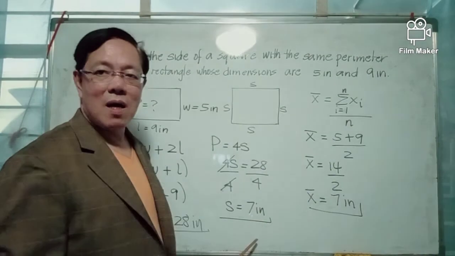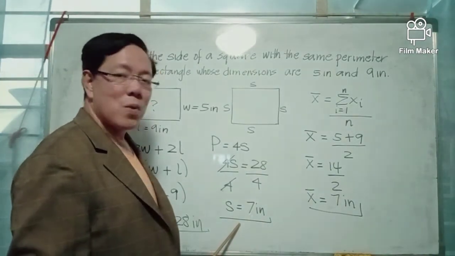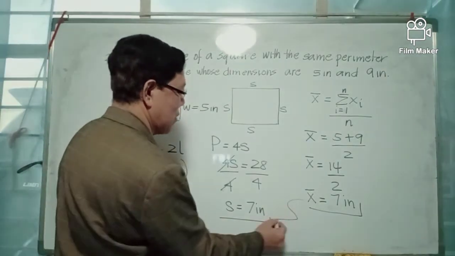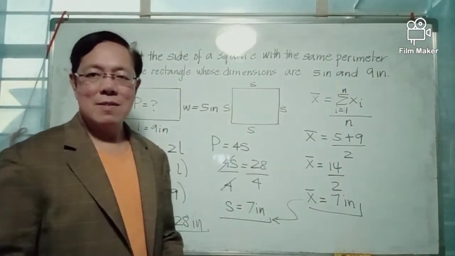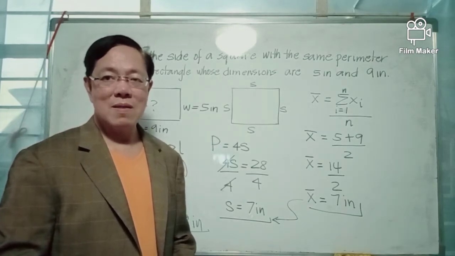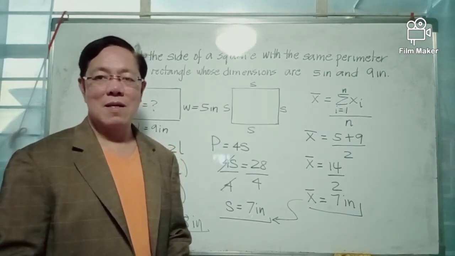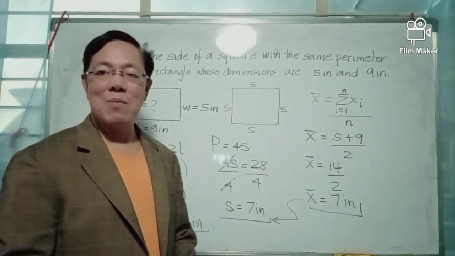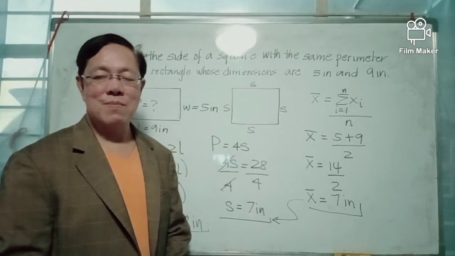Which is the same as our solution when we get s, the length of the side of the square. This is one application of mean for calculating the side of a square whose perimeter is equal to the perimeter of the given rectangle.